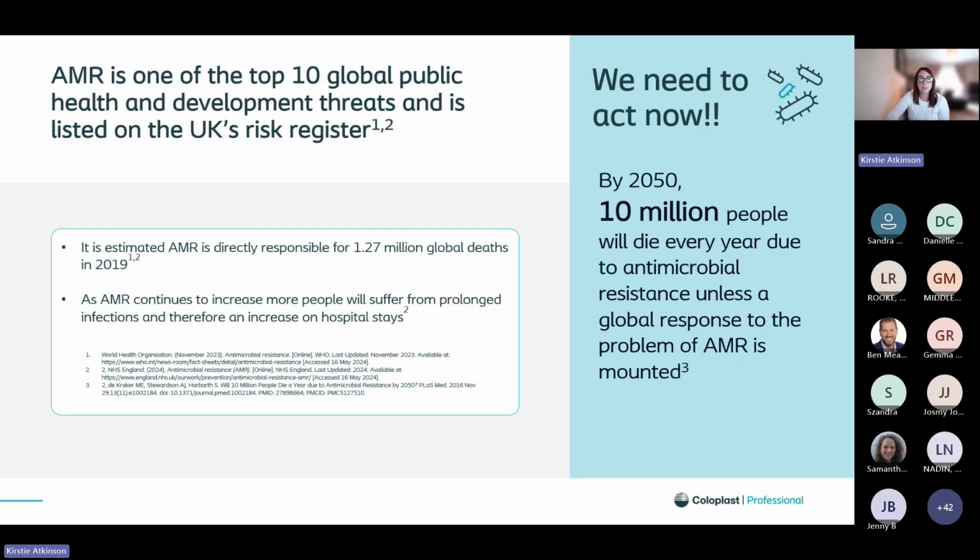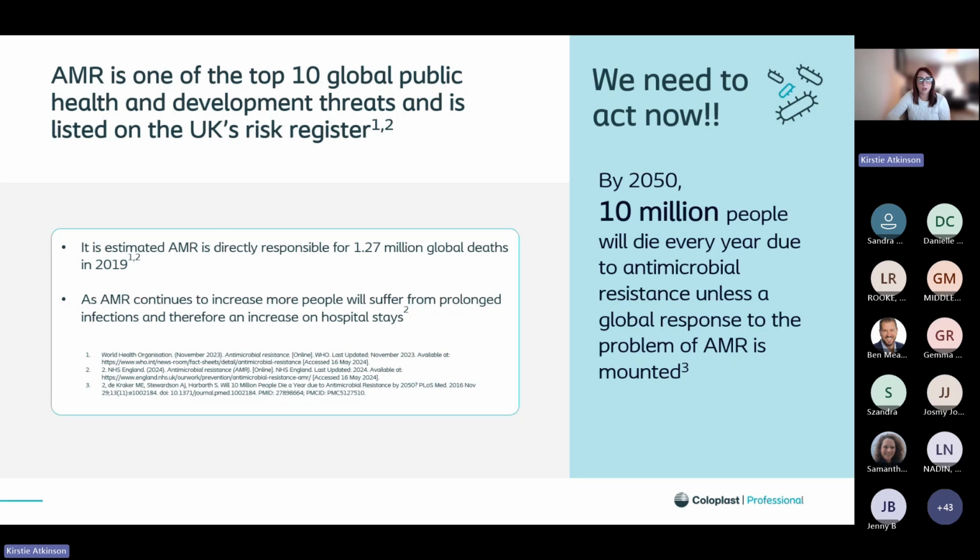Obviously this was pre-pandemic as well, so again, we can assume that it's even higher. It also continues to increase as more people are suffering with prolonged infections, therefore increasing their hospital stays, which, as we'll come on to, makes them more susceptible to the risk of getting infection.